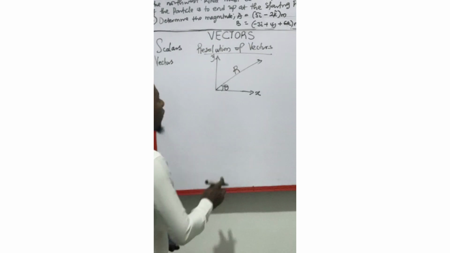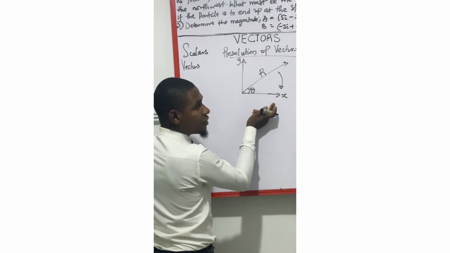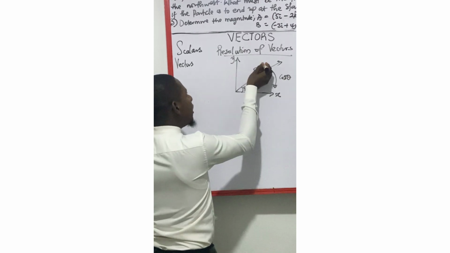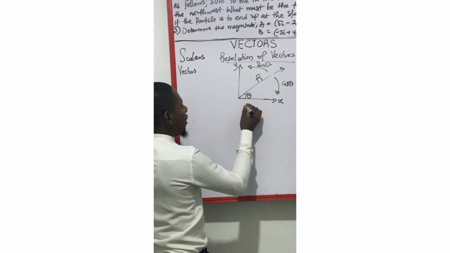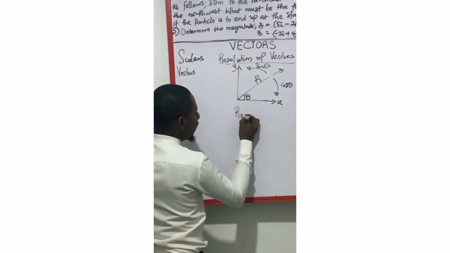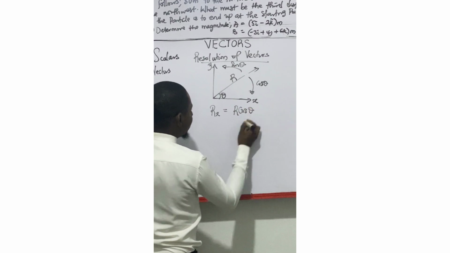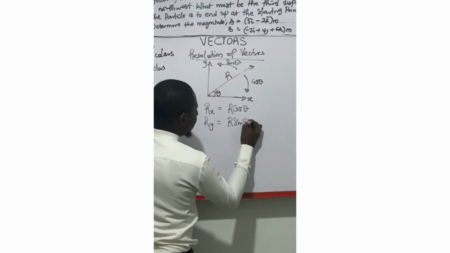If we resolve this to the horizontal, we are going to have it to be what? Cos theta. If you resolve it to the vertical, we are going to have it as sine theta. That is to say, the r of the horizontal component is going to be r cos theta, while that of the vertical component will be r sine theta.